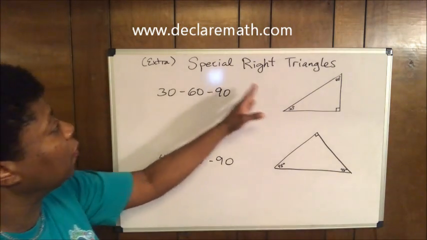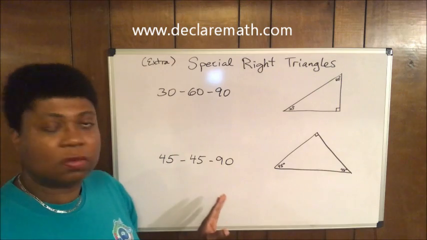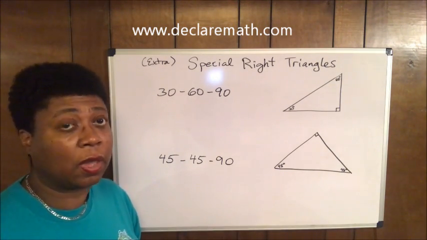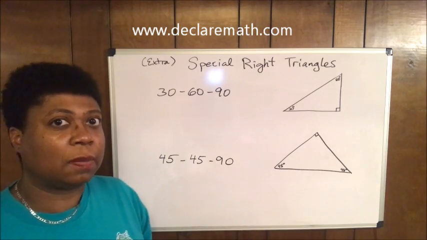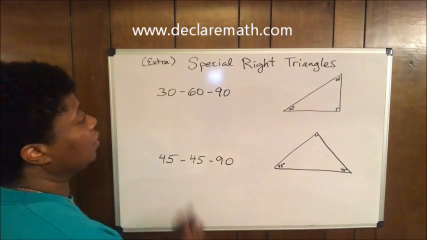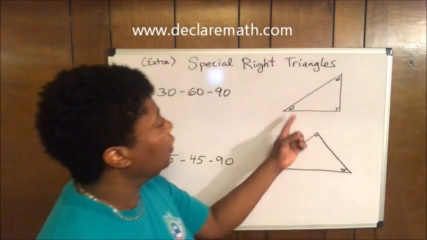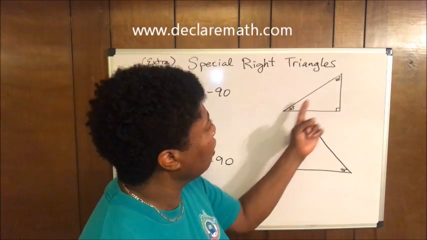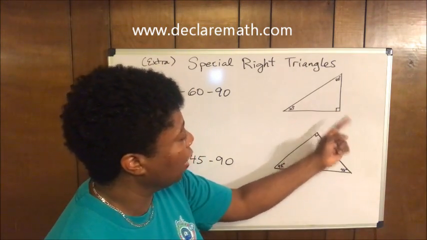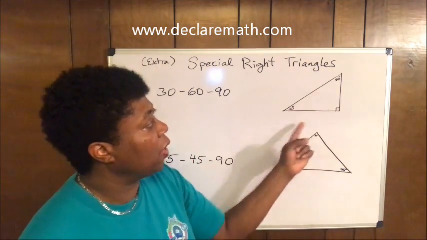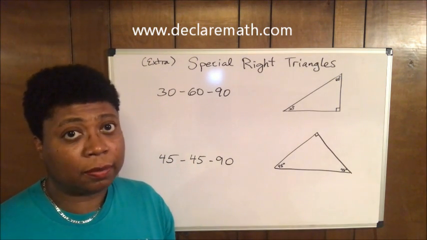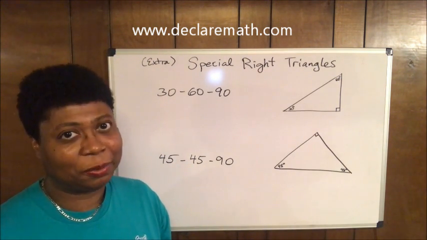Now, when it comes to special right triangles, we have two types, and these are the only types that you'll have to memorize, okay? But it's easy. You'll kind of see the pattern here as we go along, okay? So for 30, 60, 90 right triangles, that means that you have a 30 degree, 60 degree, 90 degree, of course, right triangle. And notice that all the angles in a triangle add up to what? 180.